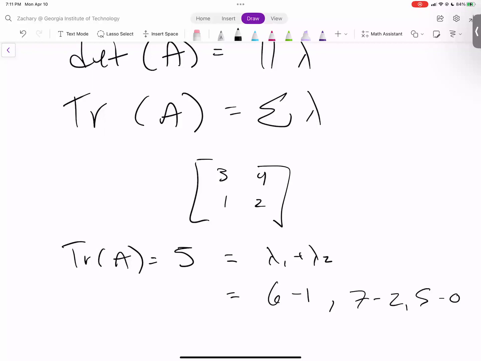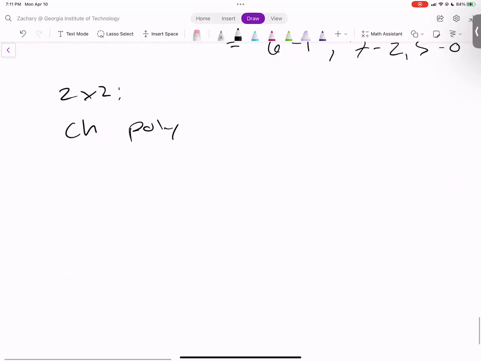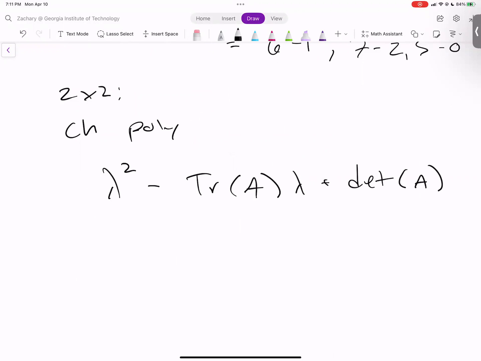Another quick little shortcut, just as a sidebar, is for a 2 by 2, the characteristic polynomial is always lambda squared minus the trace of A, lambda plus the determinant of A. If you don't want to work out the math, you can just skip to this part if it's a 2 by 2.